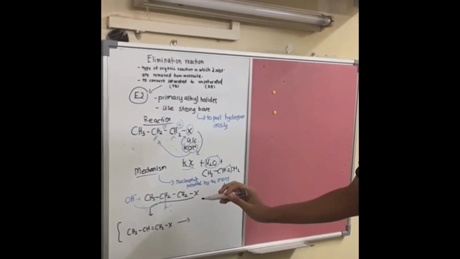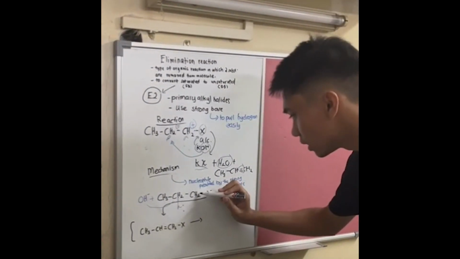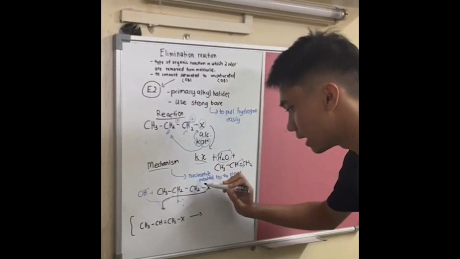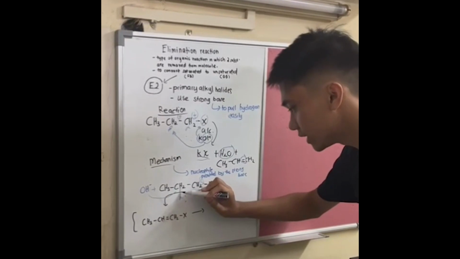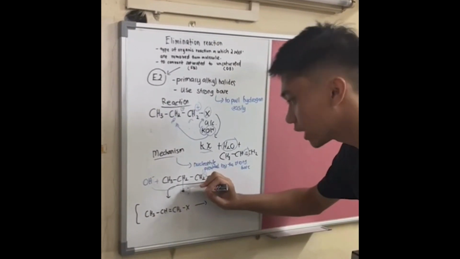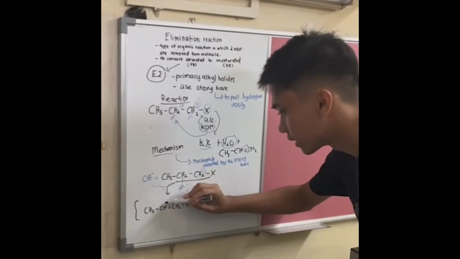and the CH2 here will eliminate the X, giving it the added electron. From here we also eliminate one of the H to react with the OH minus.